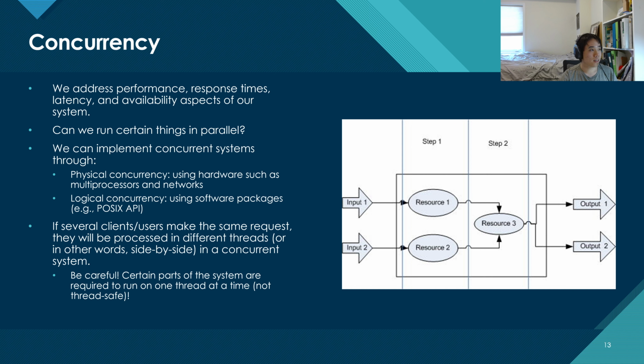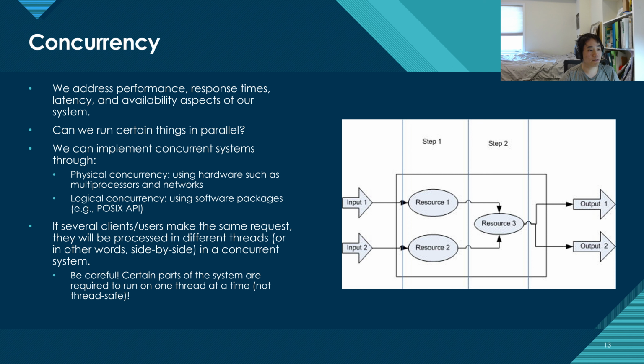So, for concurrency, we deal with how we can run certain things in parallel and whether that will cause any issues. Okay, so here we pretty much address performance, latency and availability.